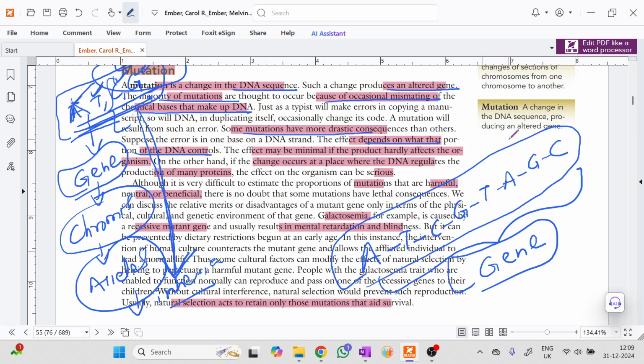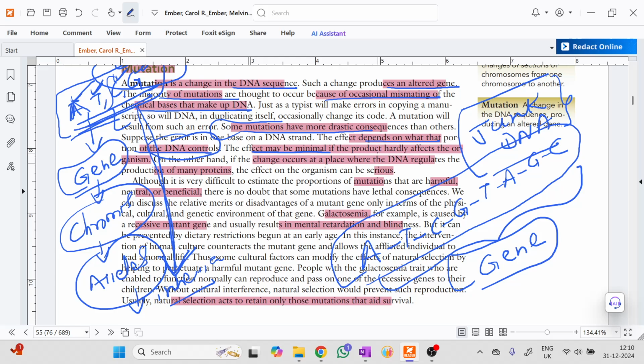They just lie there, just there in the form of a unit, which the biologists call junk DNA. So mutation itself depends on which portion of DNA is mutated.